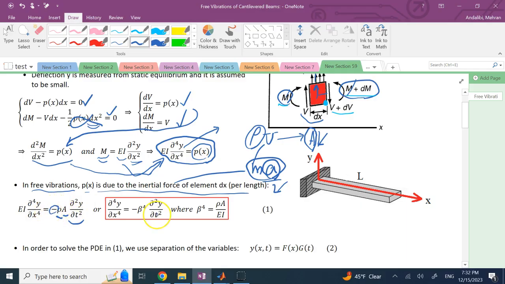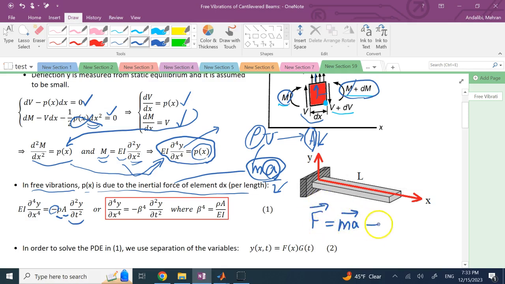Why the negative sign? Because you know from dynamics that the inertial forces are basically in the negative direction of the applied force. One way to write Newton's equation is to write F equals ma.